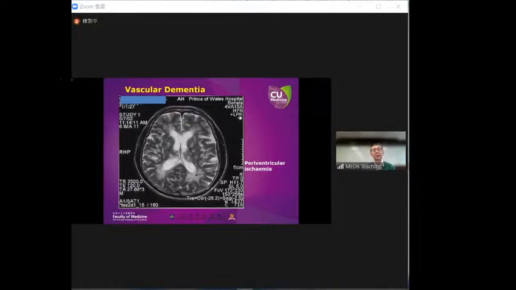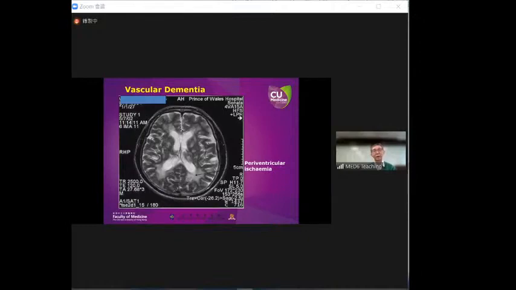But the most clear association between cerebrovascular disease and dementia is actually small vessel disease. Small vessel disease usually happens around the ventricles. We call this periventricular ischemia. And this is where the white matter lies.